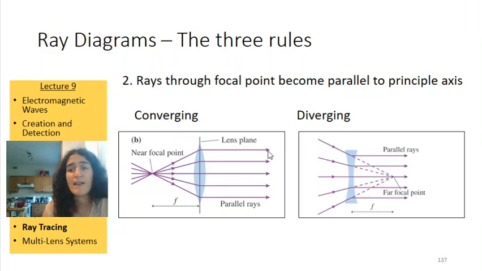For a diverging lens, light that looks as if it's going towards the far focal point will come out parallel. The near focal point is the focal point on the side of the incident ray. The far focal point is the focal point on the outgoing side. Here I have light coming from the near focal point, bending to become parallel. Here I have light that looks as if it's going towards the far focal point, and it comes out parallel.